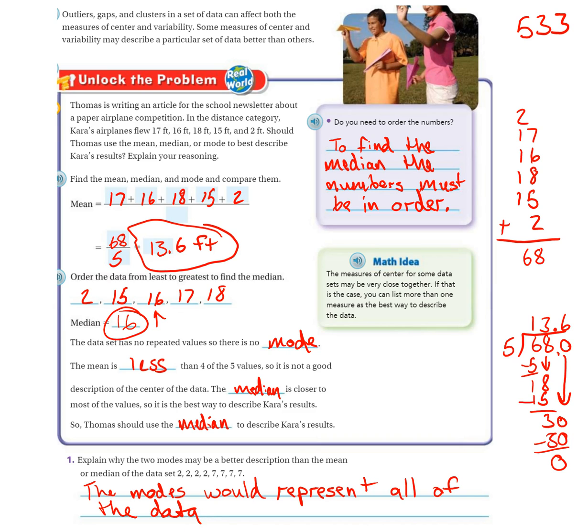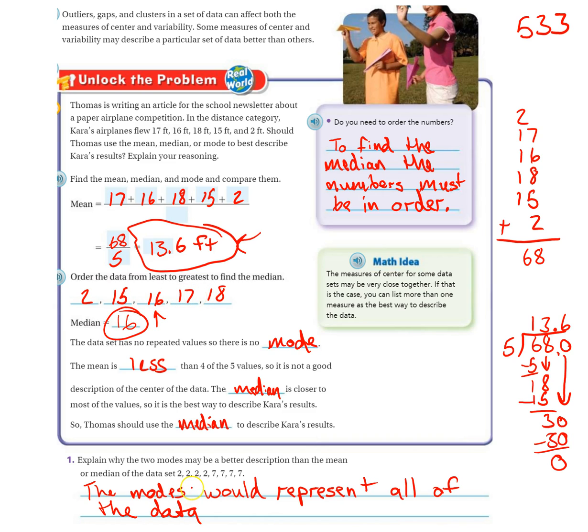And the more of the data that's represented by the measure of center, the more representative it is of the data, right? So we said, for this one, the mean was 13.6, and we said that's not very representative because most of the data is actually bigger than that. But 16 was pretty close to 4 of the data points.